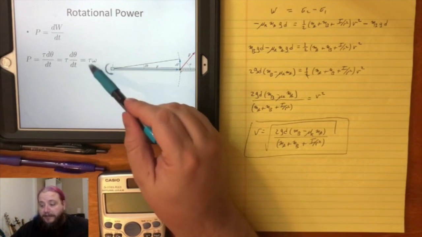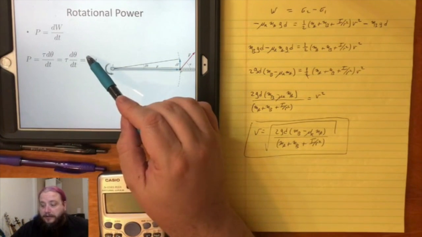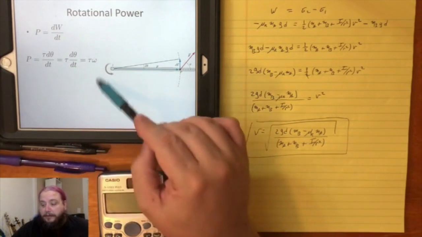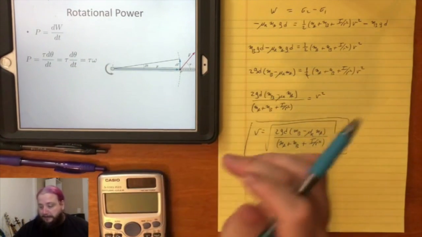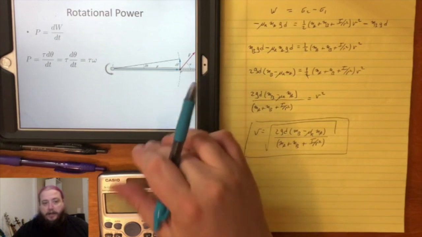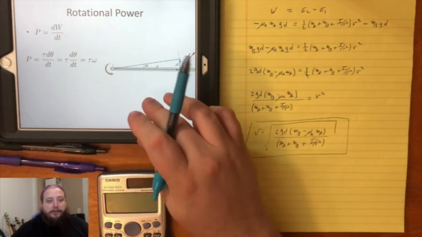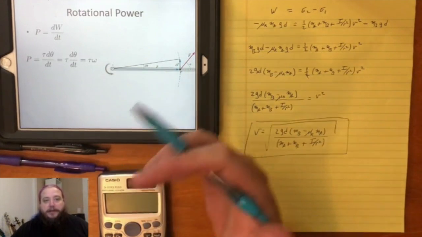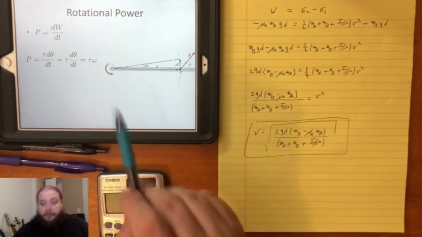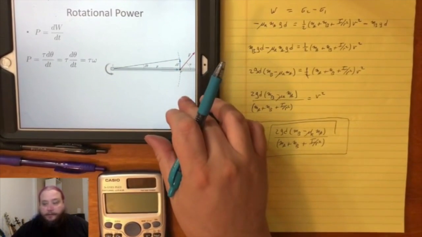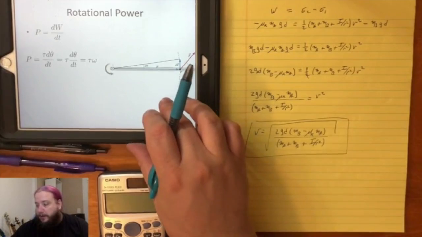This looks a lot like power equals force times linear velocity that we ran into. This is the rotational analog of that, and it can be used when you're talking about electric motors or motors of any kind, and you want to talk about the power being delivered to spinning motors. That power is often in the form of a rotational power.